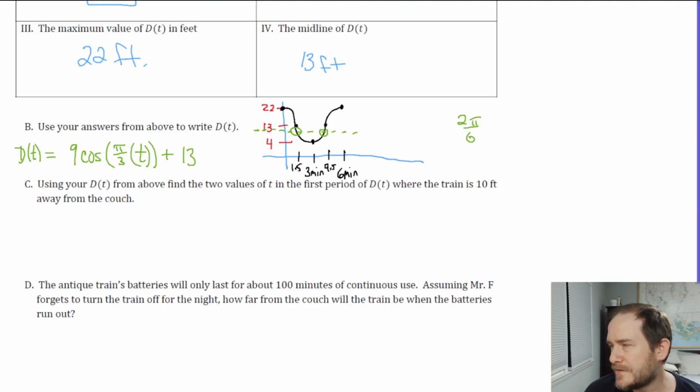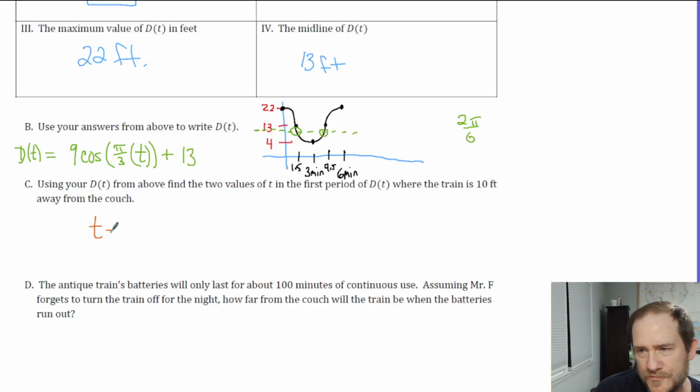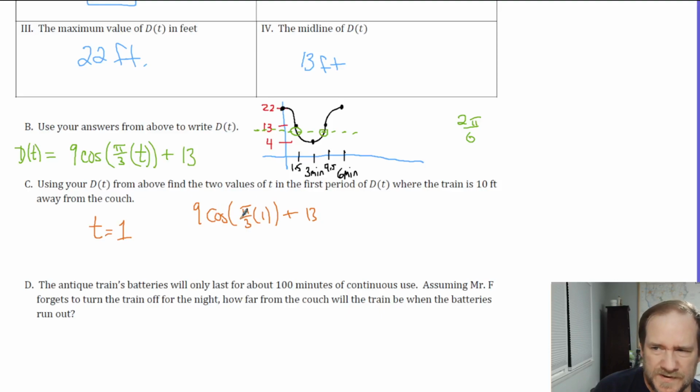Just to point this out, and this is definitely important, we're evaluating at pi over 3. So what if I had told you just to find the distance from the couch to the train after the first second? Well, if you plugged in 1, you get 9 times the cosine of pi over 3 times 1 plus 13. Well, that's completely evaluatable.